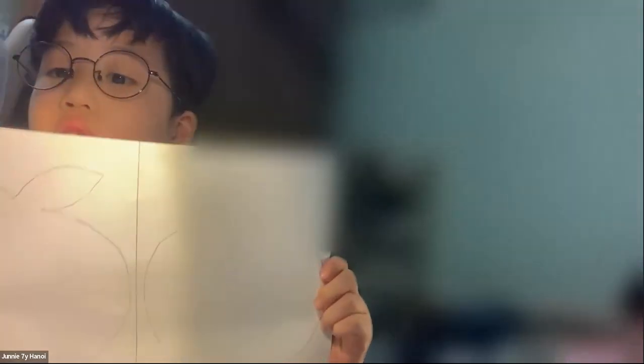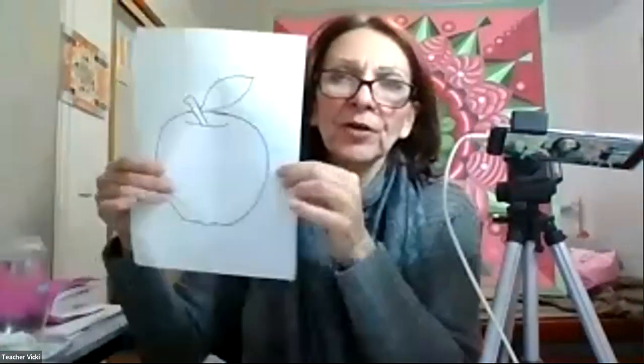Okay, yeah. So for the parents who think I'm going a little bit too fast, I'll just say it all over again. I just got my apple. This is my apple, right? I had a photocopy of my apple. I cut it out with scissors and I used it as a stencil and I put it here on my page, right?